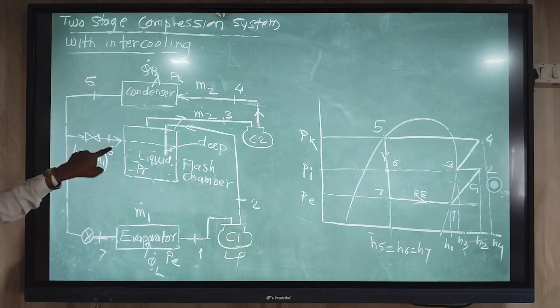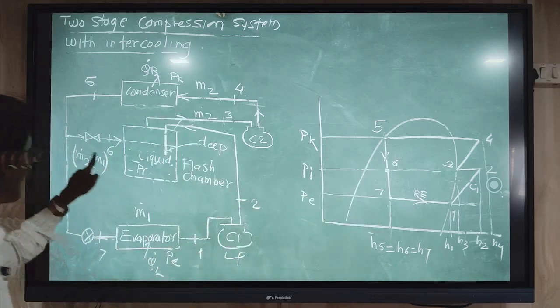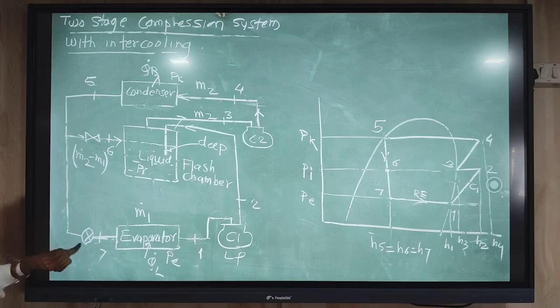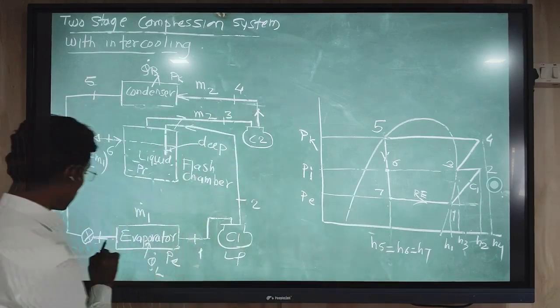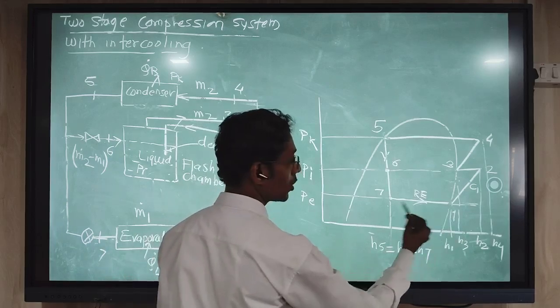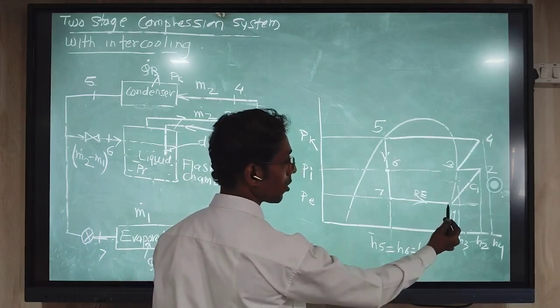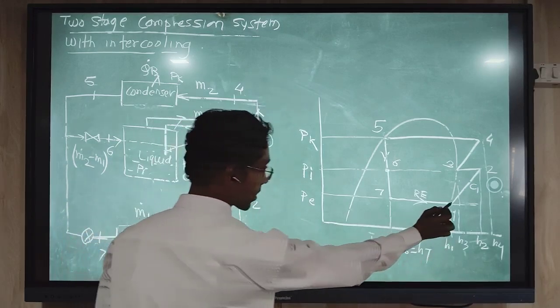This expansion line goes to the flash tank, and the line continues from 6 to 7 through another expansion valve, and then point 7 is the entry of the evaporator. 7 to 1 is the evaporation process, that is a cooling process. Here the cooling effect is obtained in the evaporator, and the cycle is completed.